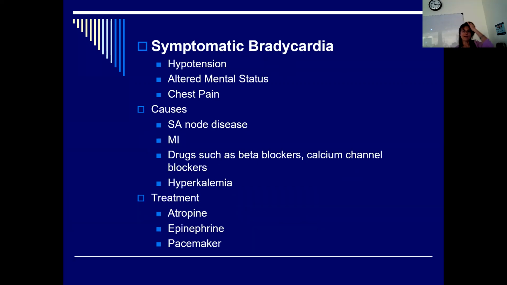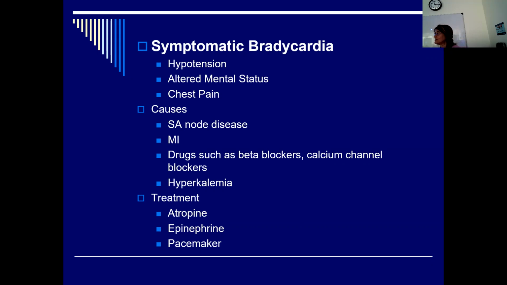So if they have a slow heart rate and it's unstable, they will have hypotension. So their blood pressure is going to be lower than 100/60, which is considered hypotension. If they have an altered mental status, meaning you don't have a good cardiac output reaching the brain, then the person's mental function declines.